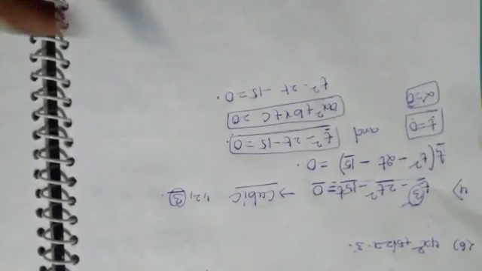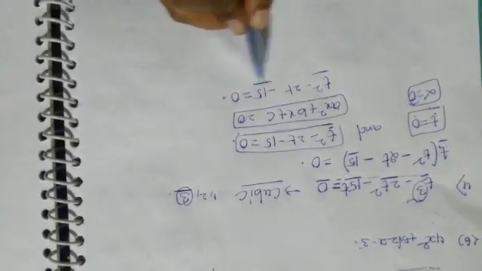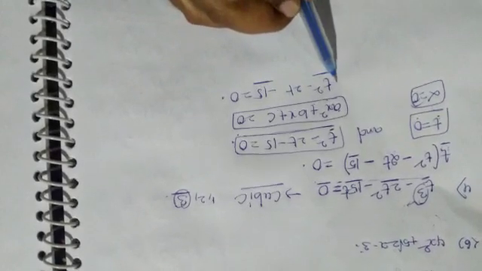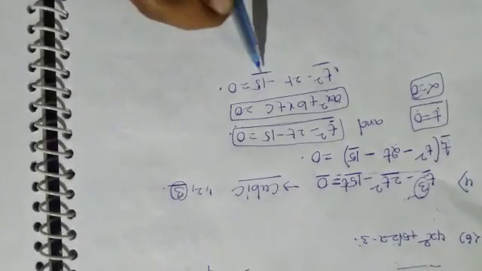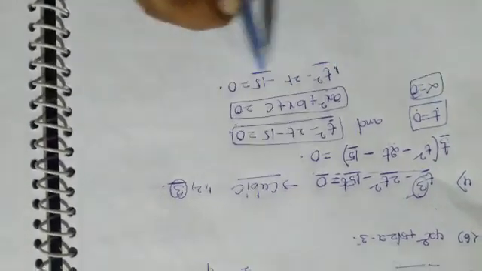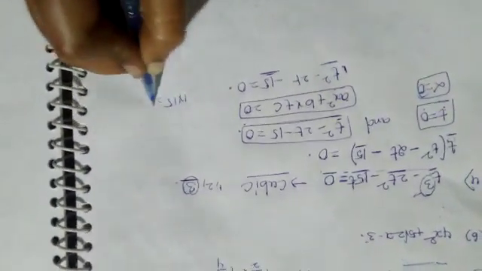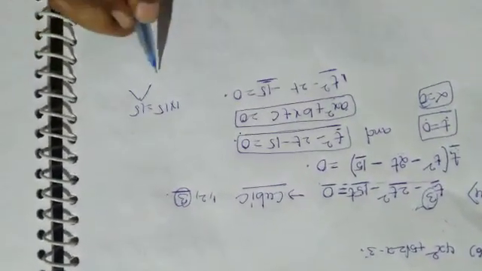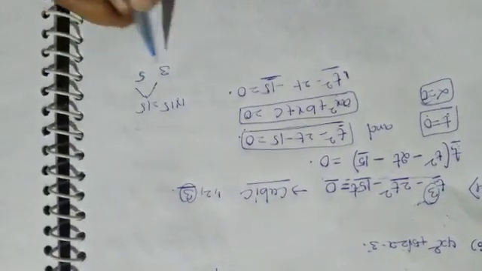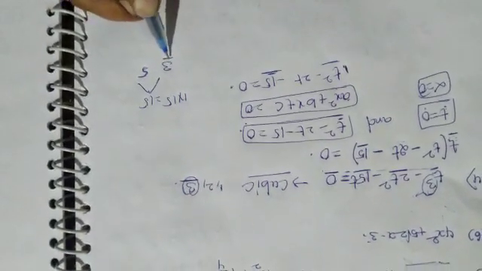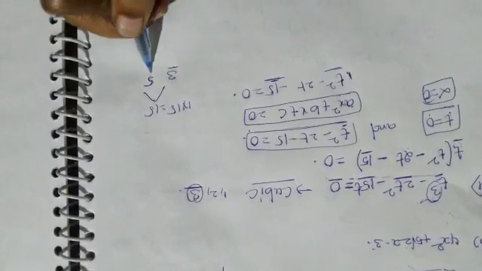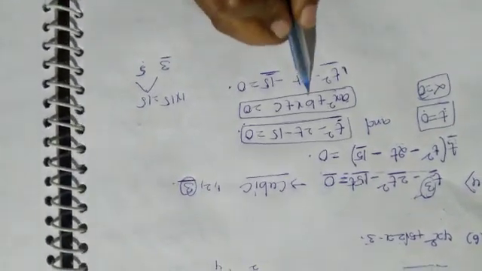So first, in a quadratic equation, we multiply a and c. Here a is 1 and c is 15. 1 into 15 is 15. 15 can be factorized into 3 into 5. Either we do addition or subtraction to get the middle term.